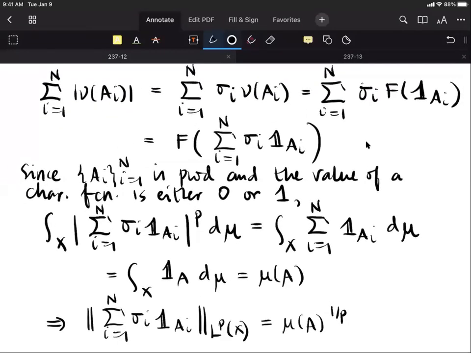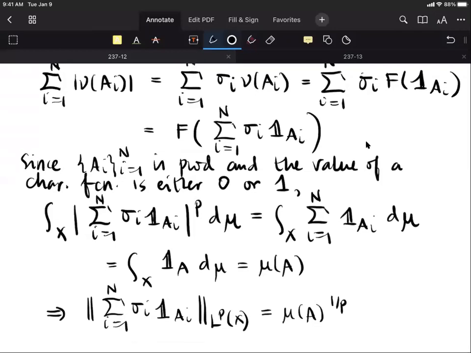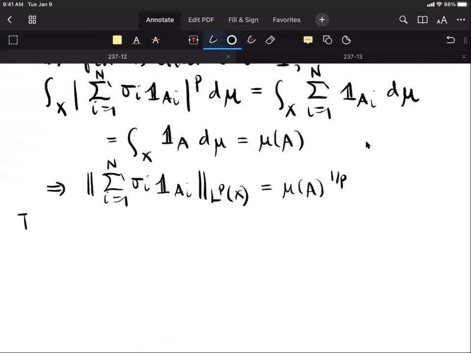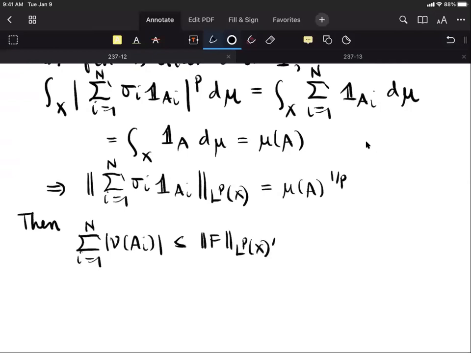So therefore, looking back at this equation here, the first and the last term, applying the definition of the dual norm, this is less or equal to the dual norm of F in LP, times the LP norm of the argument.